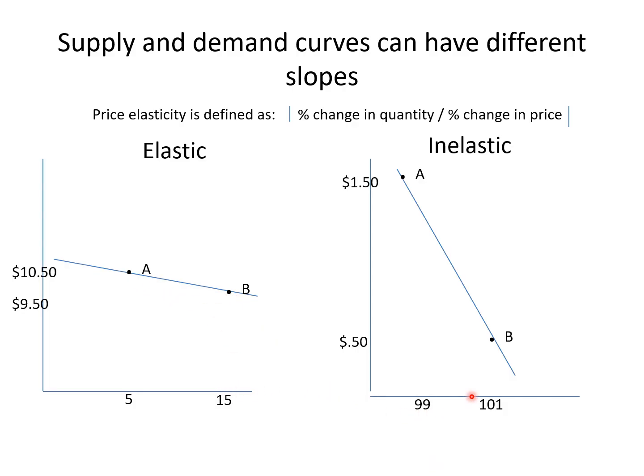So an inelastic demand curve is reflected here. And as you notice here, the price changes from 50 cents to $1.50. The amount consumed goes from point B to point A, which is from 101 units to 99 units. So the percent change in quantity here is relatively small compared to the percent change in price, and so this is considered inelastic.